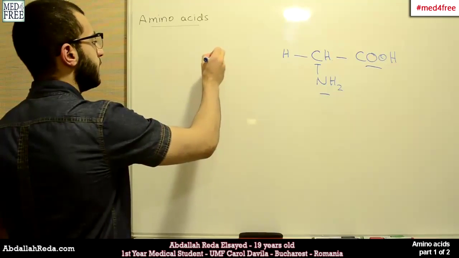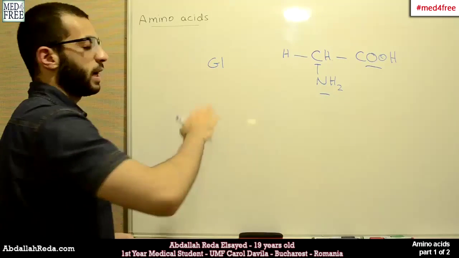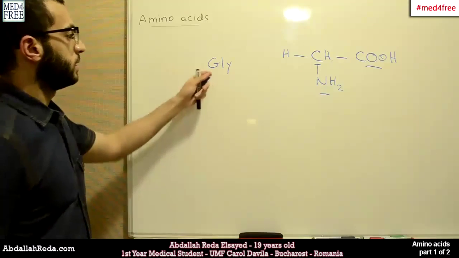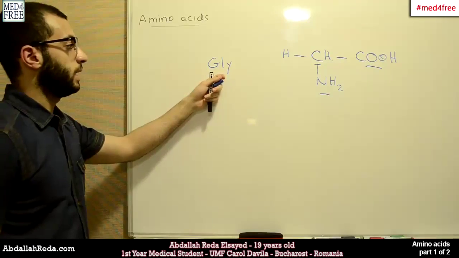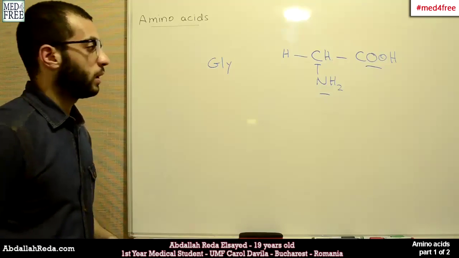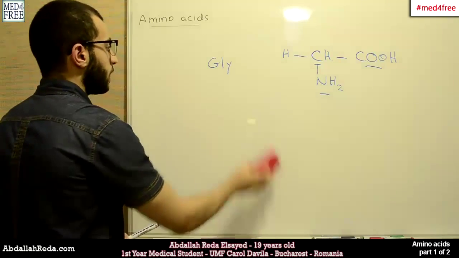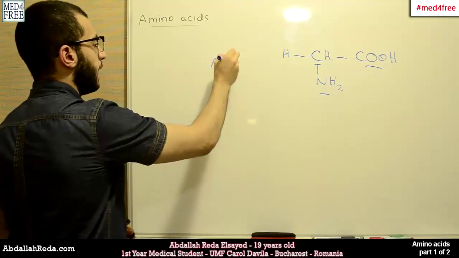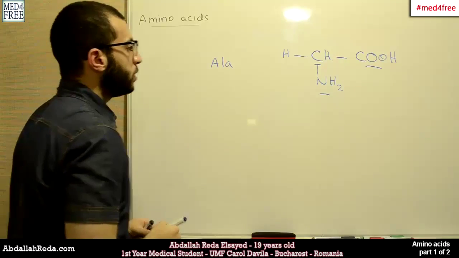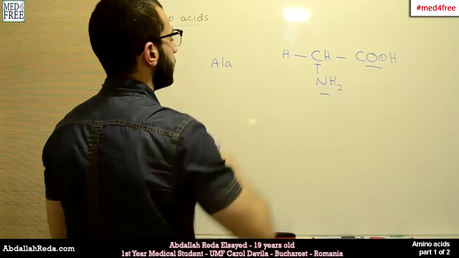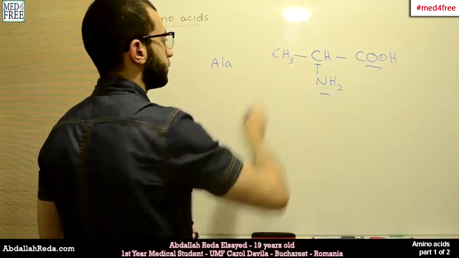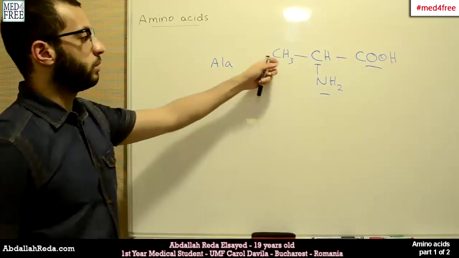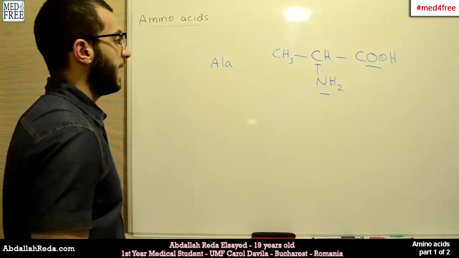It's called glycine, and we abbreviate all the amino acids into 3 letters, so glycine is GLY. The second one is called alanine, abbreviated ALA. You remove this hydrogen and put a methyl group. So we added one more carbon: alanine.